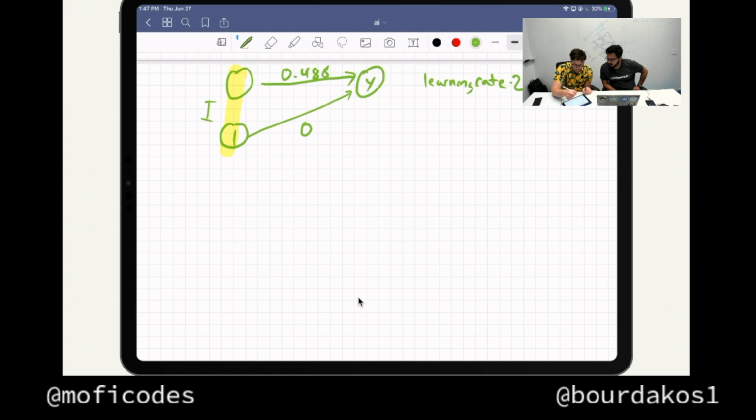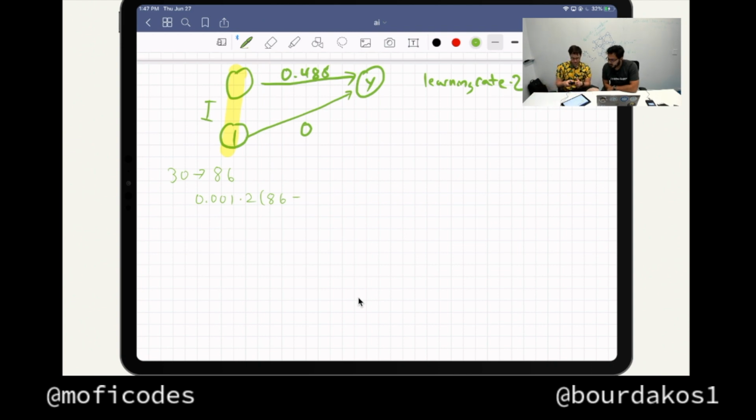So let's start with our first example. I'm going to change this to a smaller font because I'm probably going to have to write small. So we have an input of 30, and we expect to get 86 back. We have our learning rate, 0.001, and we're going to multiply that by 2 times our target value, 86, minus our y, which is 30 times 0.486.